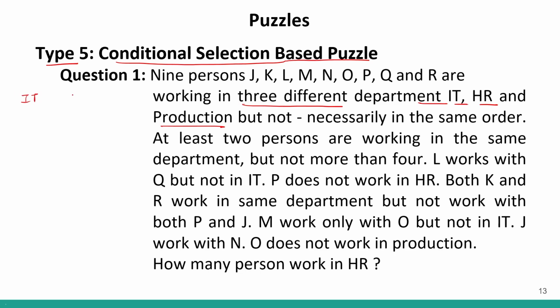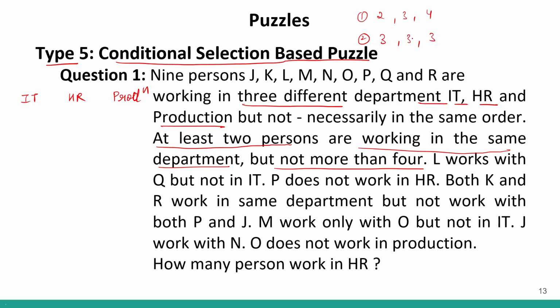In this, we have 9 people working. It is given that at least 2 persons are working in the same department, but not more than 4. So we get 2 possibilities: 3, 3, 3, an equal distribution, or it could be distributed like 2, 3, and 4.